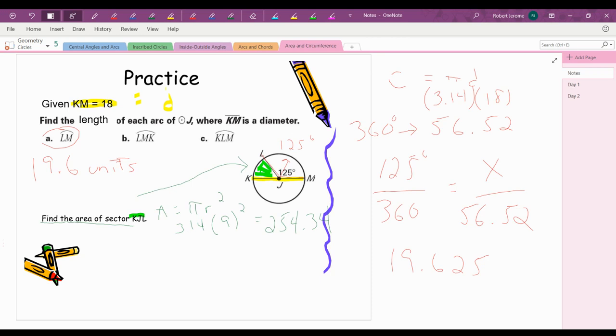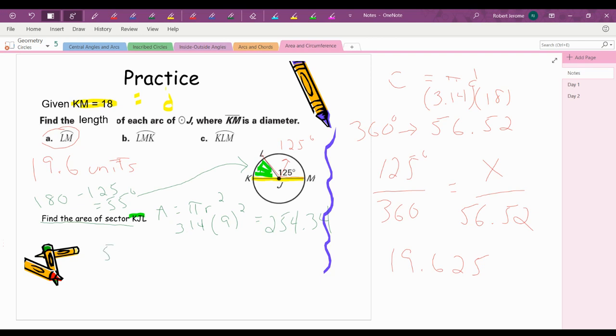It wasn't given to us, so we're going to have to figure it out. But if we look at it, we have a half of a circle. We know the red one, LM, is 125. So if we subtract, 180 minus the 125, we get 55. So we know that this sector represents 55 degrees of the circle.